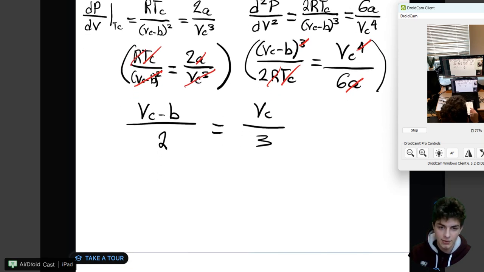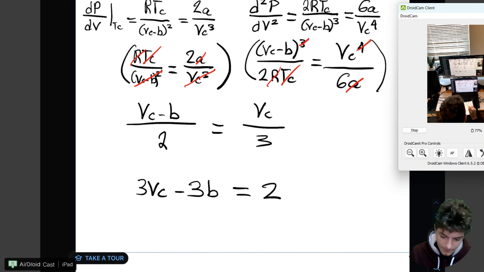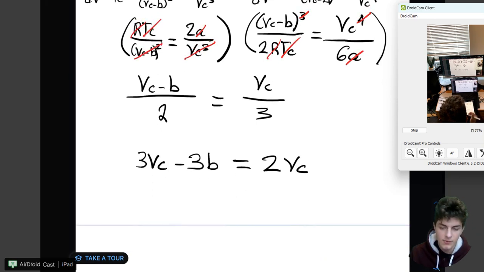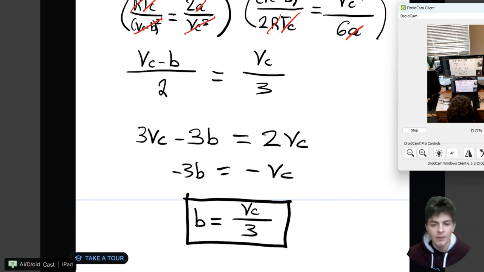Let's go ahead and cross multiply, and now solve for B. So I'll move this over. And now we have found a nice term for B in terms of solely the critical volume.